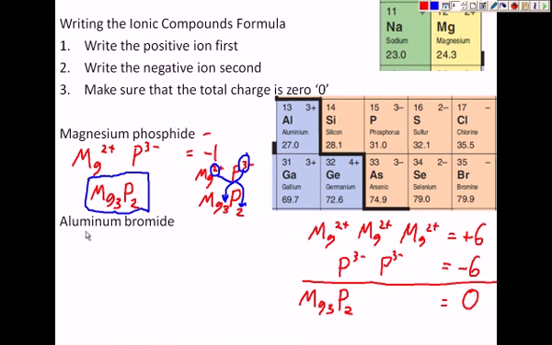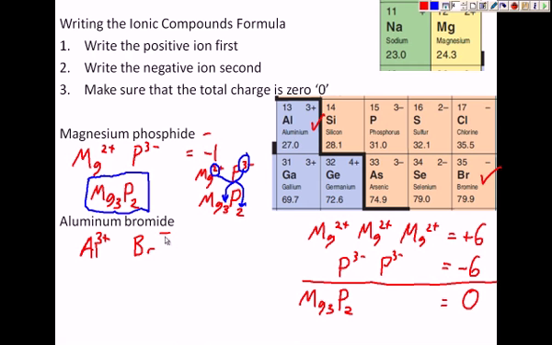Now the next one is aluminum bromide. Here's aluminum. Bromide comes from bromine. So again, we write the positive ion first. Al 3 plus and bromine Br minus.